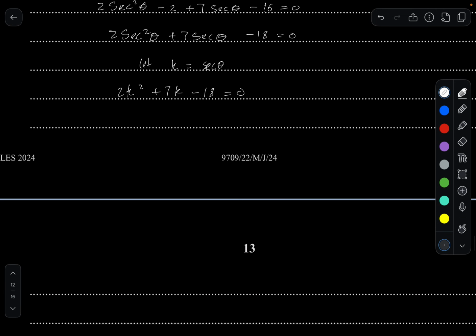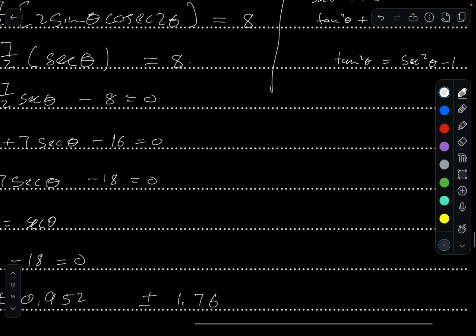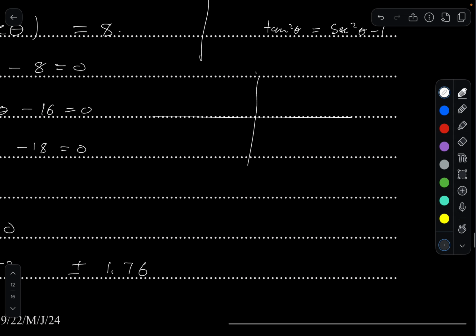And then you're going to get our value of theta as plus or minus 0.952 and then plus or minus 1.76.